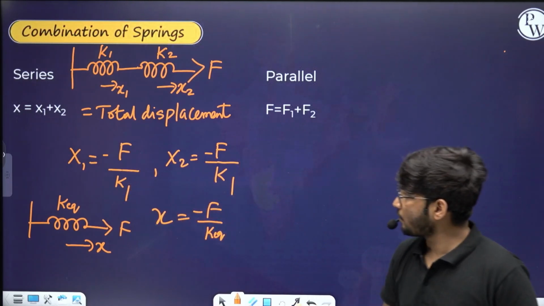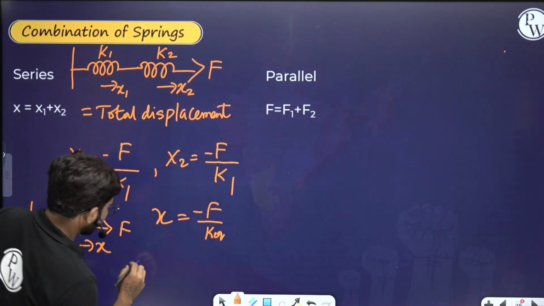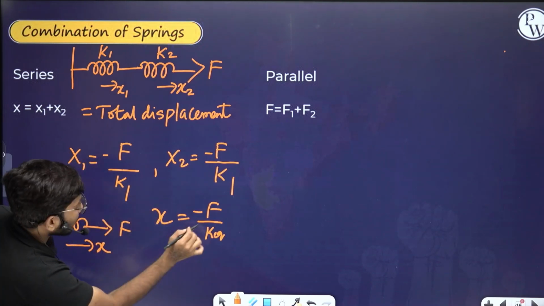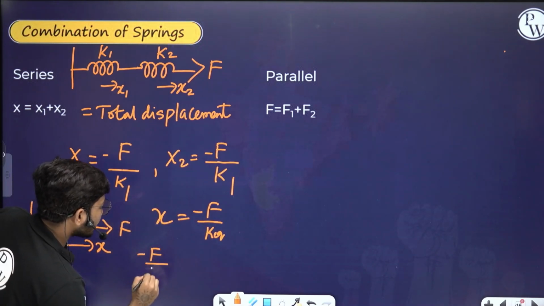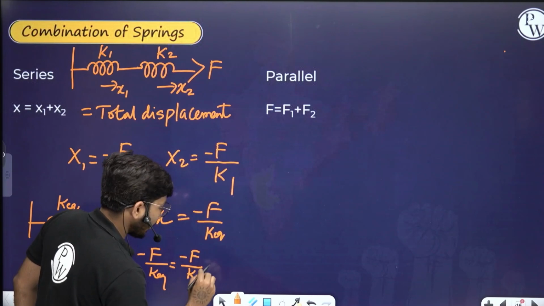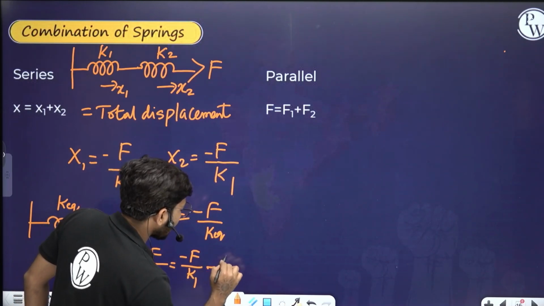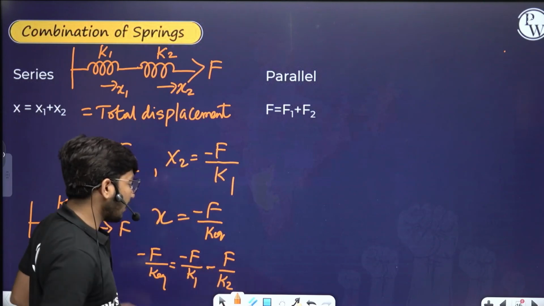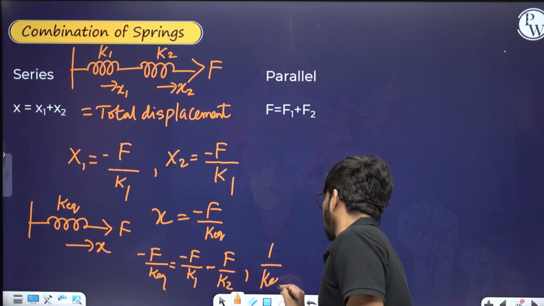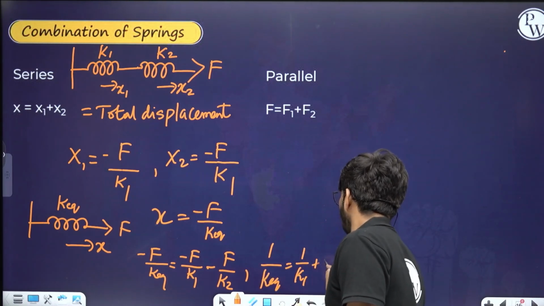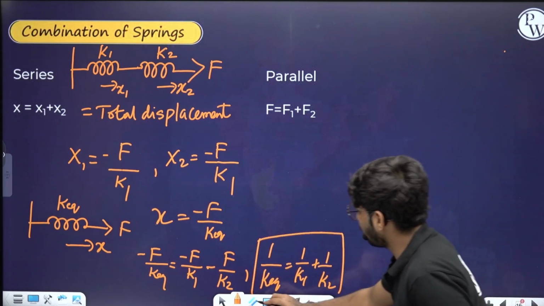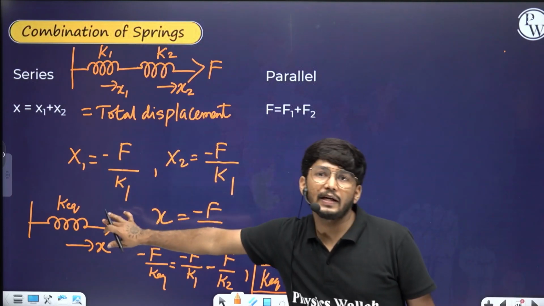Substituting into x1 plus x2: minus F by k equivalent, minus F by k1, and minus F by k2. So minus F everywhere got cancelled. So 1 by k equivalent is 1 by k1 plus 1 by k2. The equivalent spring constant in series we got.